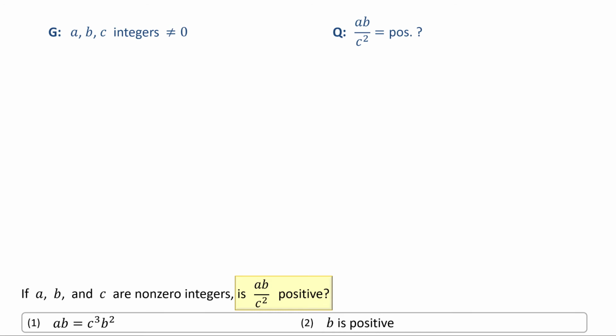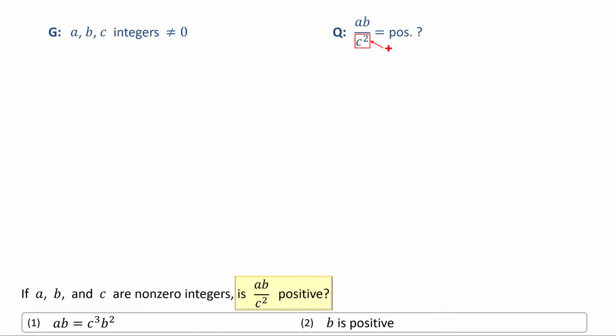Well, it asks about positive versus negative, so we should notice the term C squared. The sign of C squared has to be positive, because any non-zero number squared is positive. For example, 3 squared equals 9, and negative 3 squared also equals positive 9.